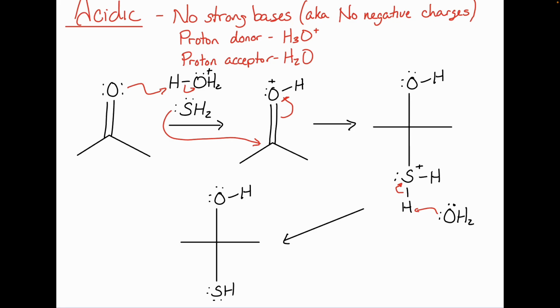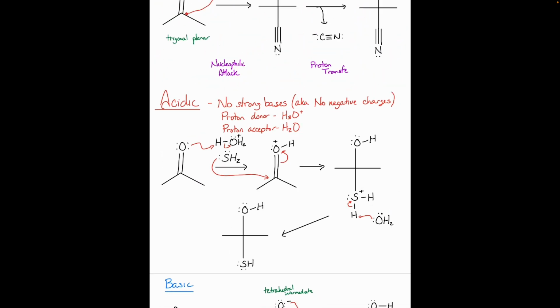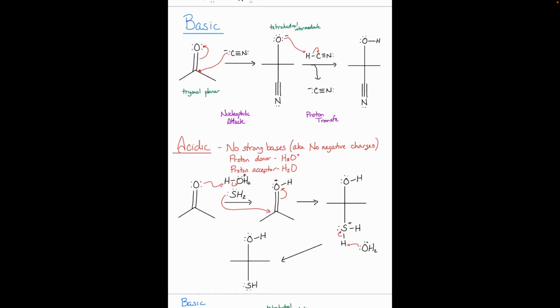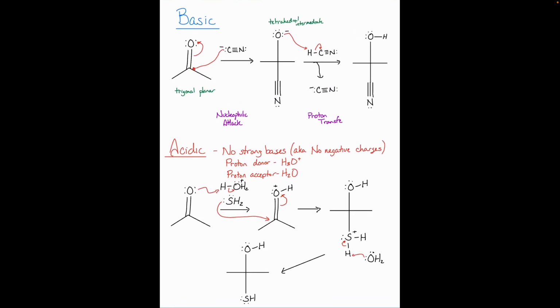So in both cases, you're attaching your nucleophile to what was formerly your carbonyl carbon. Your carbonyl oxygen is becoming an alcohol group. We just have our differences between our acidic and our basic conditions that we've discussed.